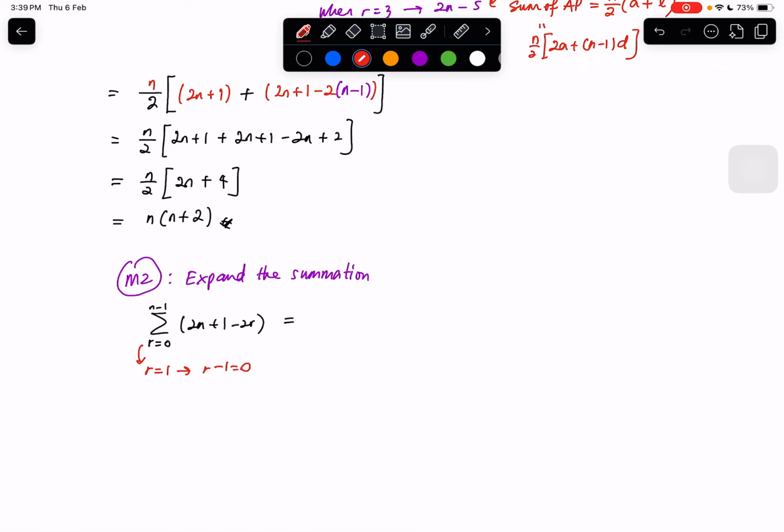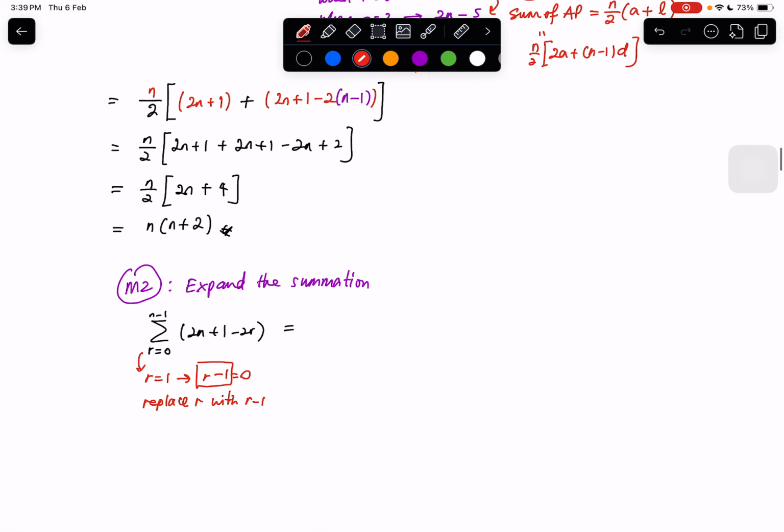This means we replace r with r minus 1, and when we analyze the top, r will be equal to n. So these two are our new limits.